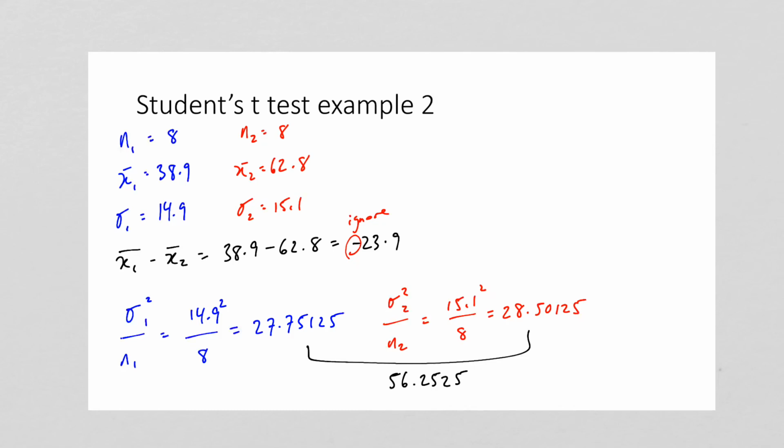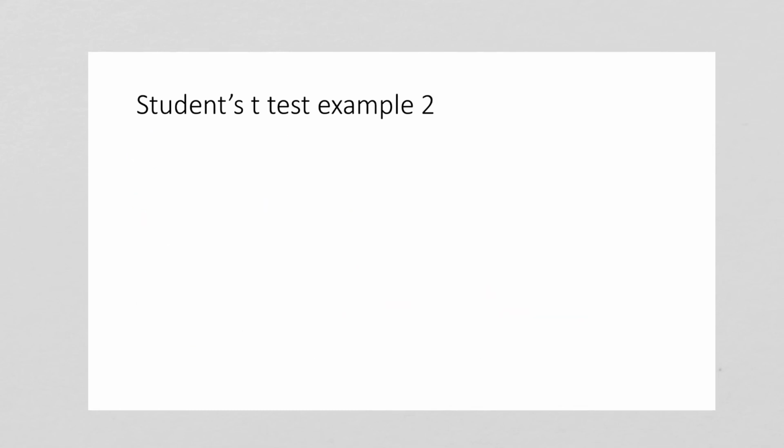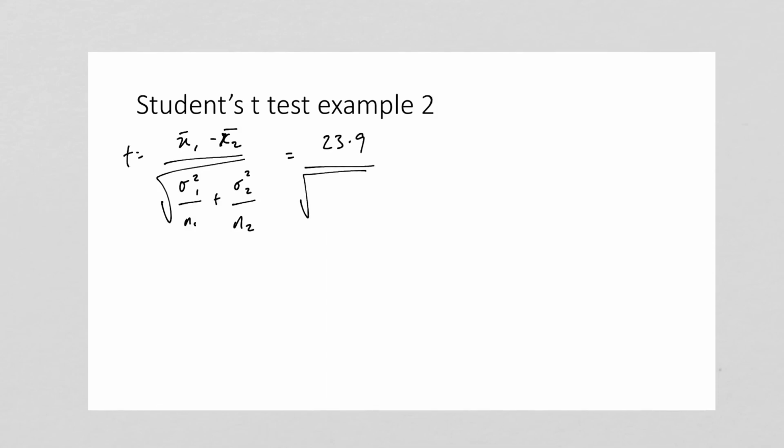Okay, let's assemble everything together then. What we end up with is 23.9 from before, divided by the square root of 56.2525, which is going to be equal to 3.186595854.